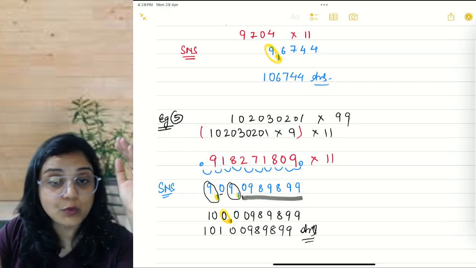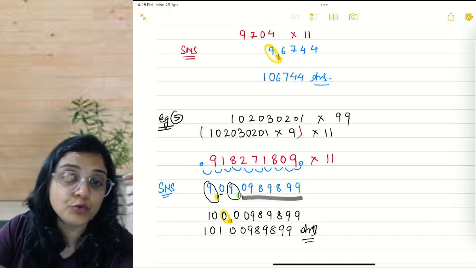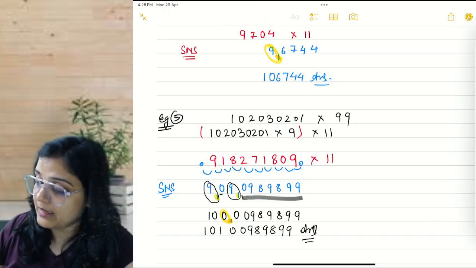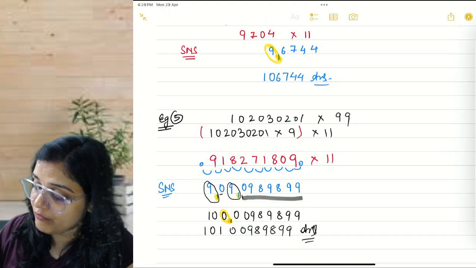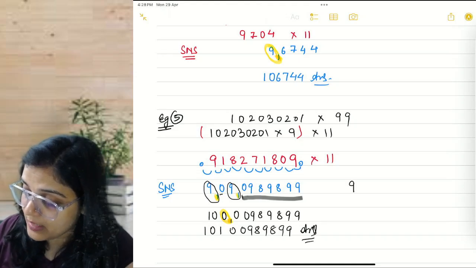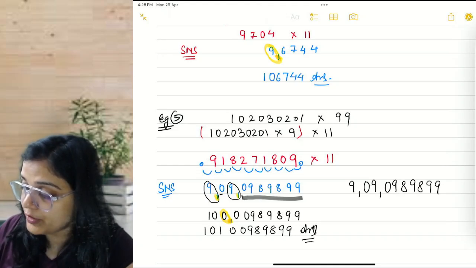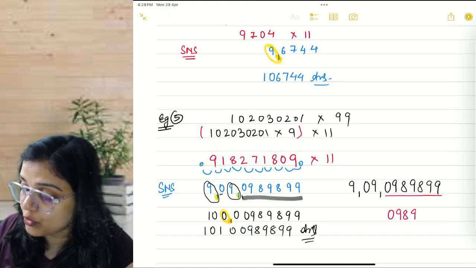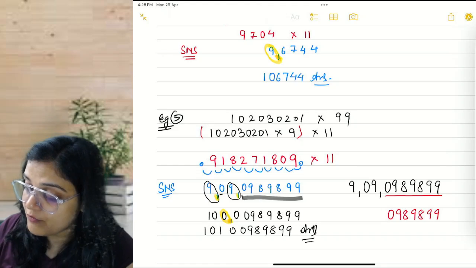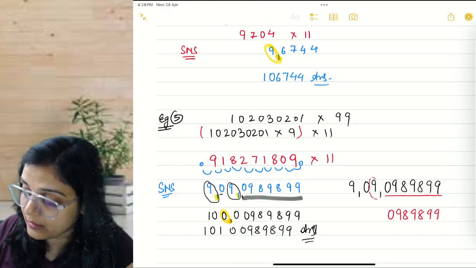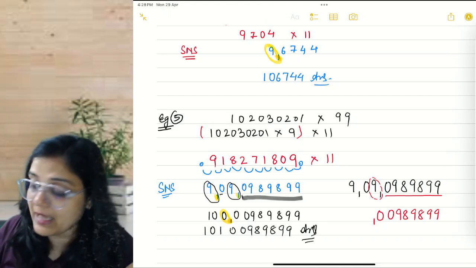So if this question has come in front of us, I want you to understand it neatly, correctly. So let's see again. When we multiplied it, we got 9, 1 carry, 0, 9, 1 carry, 0, 9, 8, 9, 8, double 9. So we have no issues with all these numbers. So it will come as it is. When you add 9 and 1, it will become 10. Again a two-digit number, so put a carry.